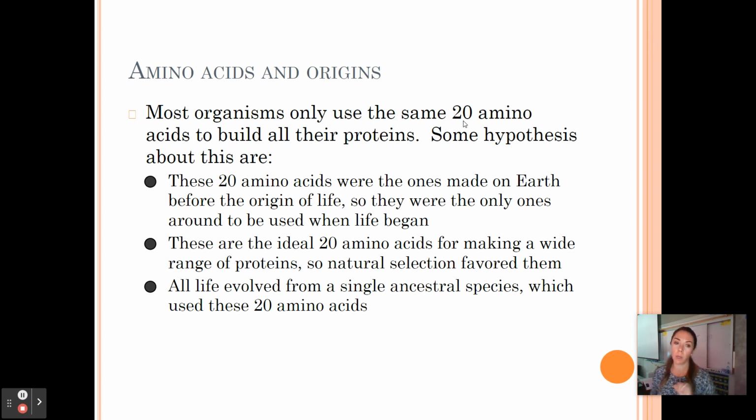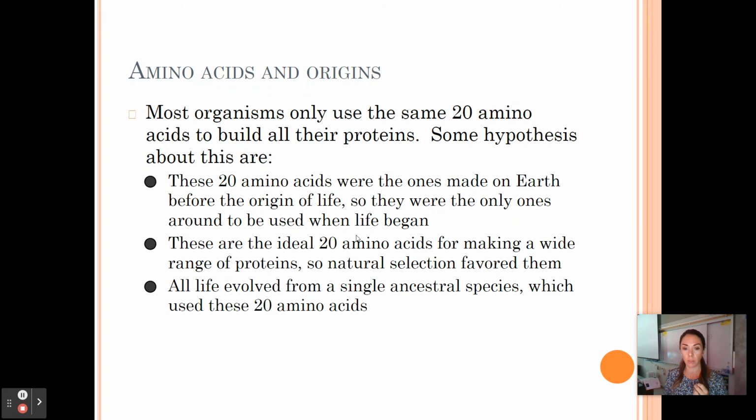Here are the different hypotheses you need to know about the amino acid origin. You need to know that the 20 amino acids were the ones made on Earth before life. We found these amino acids even before they came together to make small molecules, and they were the only ones used when life began.